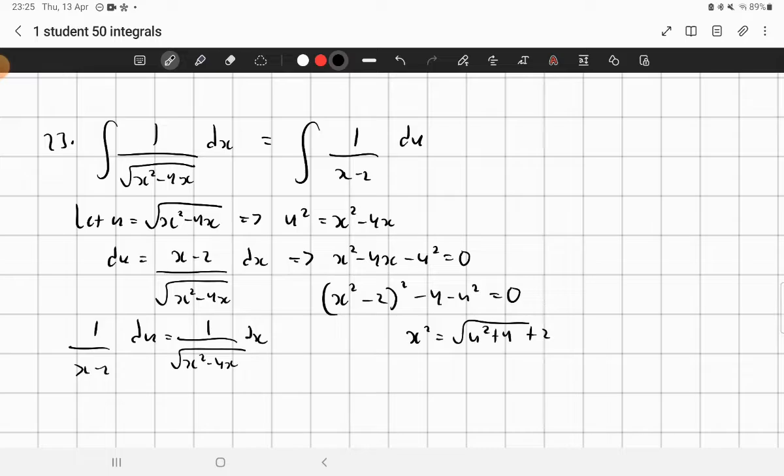Wow, okay. Wait, why am I making it so complicated? 1 over the square root of x squared minus 4x. Still thinking about my decision here. x minus 4.